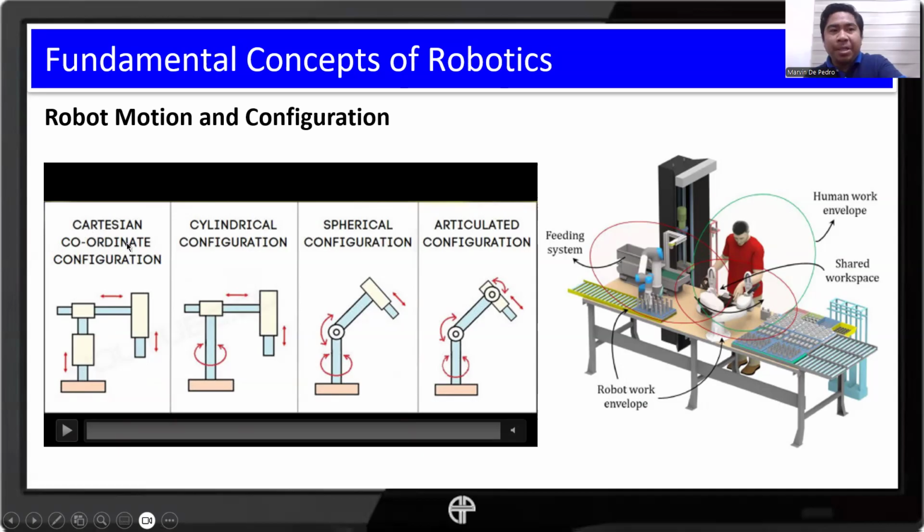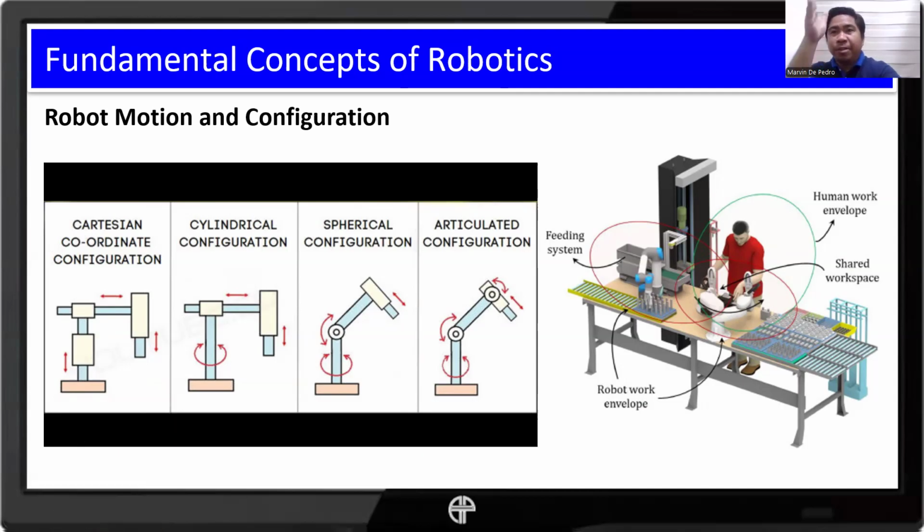So we have the Cartesian coordinate configuration. When we say Cartesian or rectangular, it moves only in linear paths or linear directions: up, down, forward, backward, left or right.